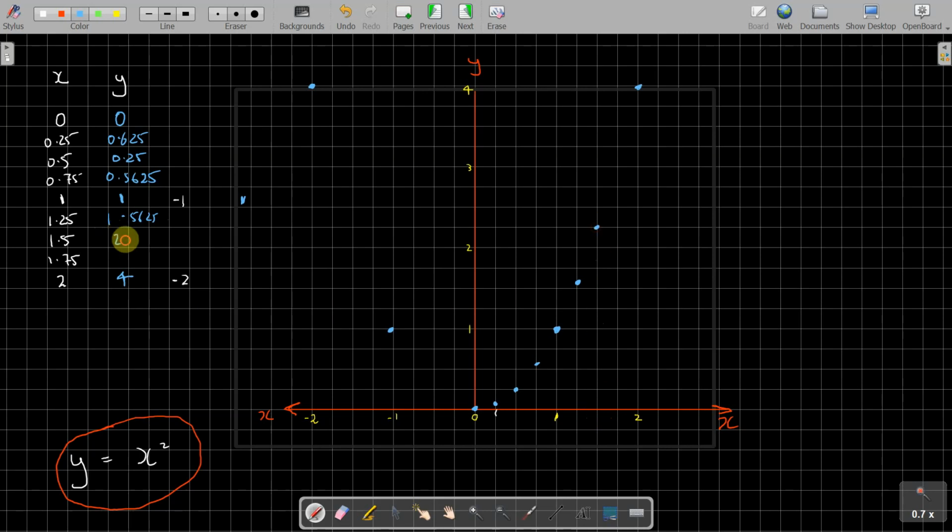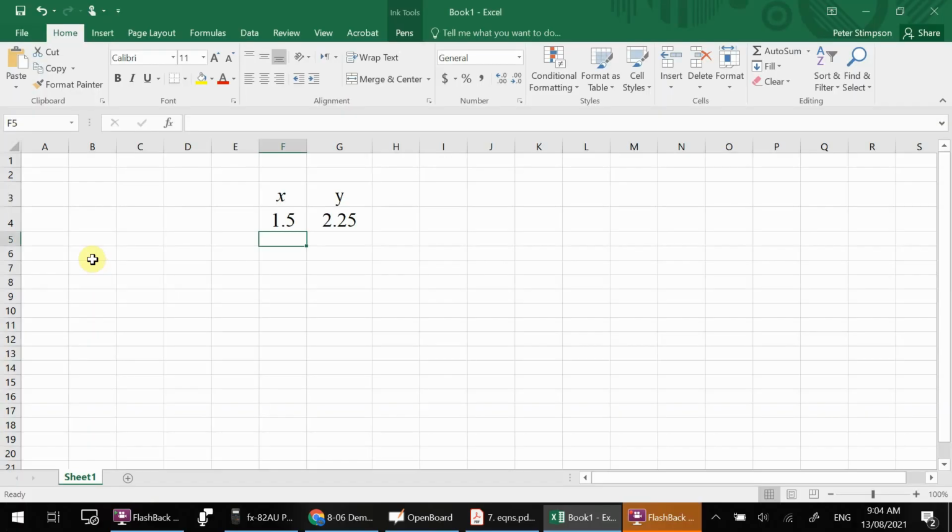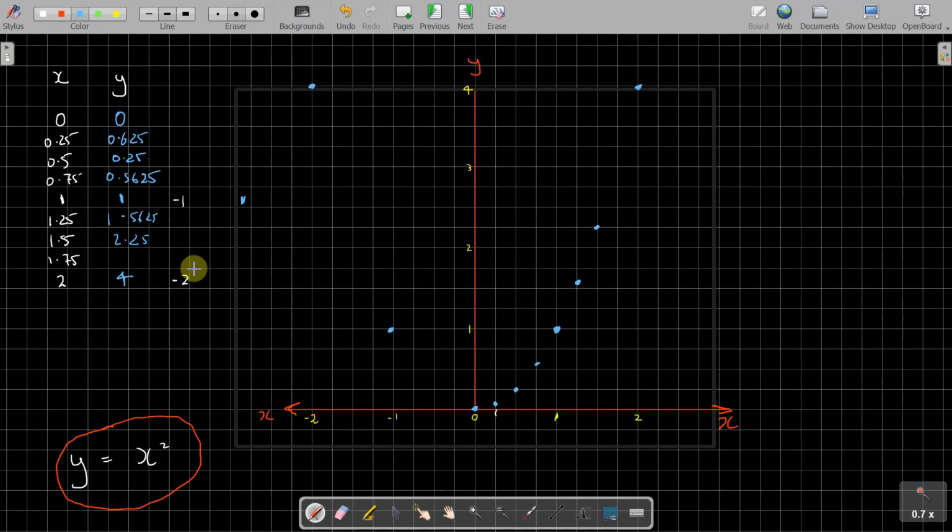And finally 1 3/4, 1.75. What's that squared? Just over 3. 3.0625. Just over, so 1.75 is just over there. There we are.